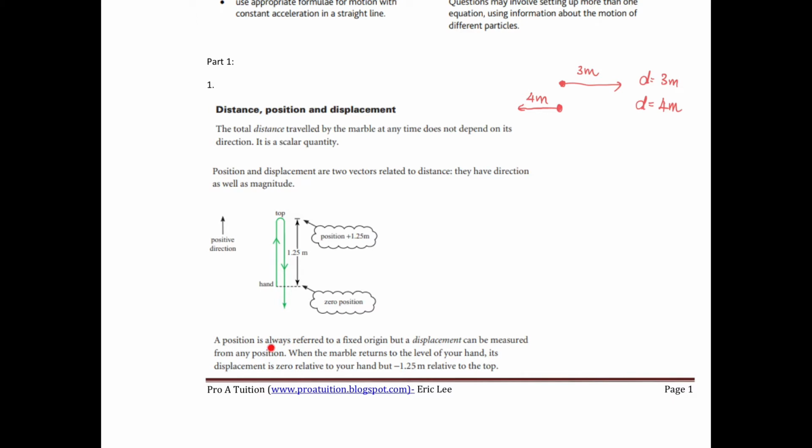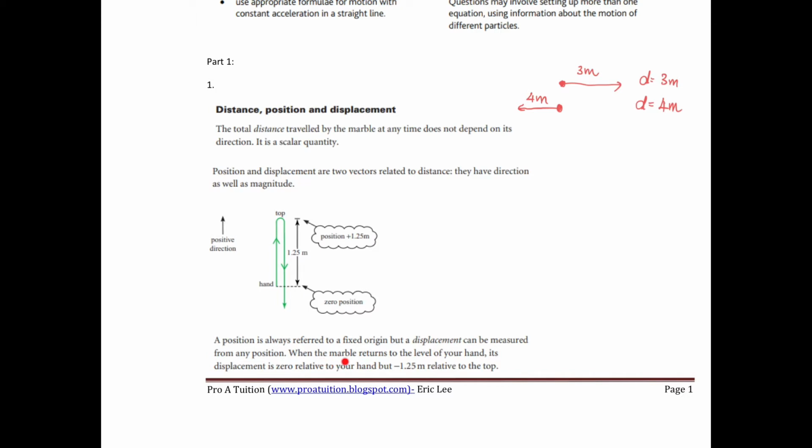Both are vector quantities, but position must start from the fixed origin. Displacement can start from any point. So when the marble returns to the level of your hand, its displacement is 0 relative to your hand.